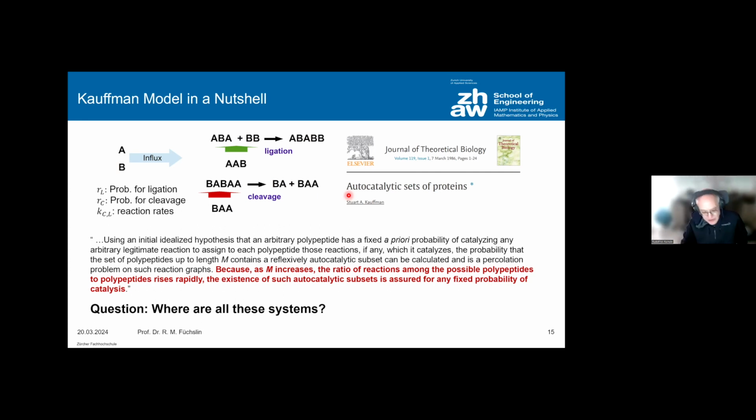And then Stu did a sort of graph theoretical analysis in a somewhat seminal paper in this field. And well, he found that the longer the sequences are, the higher is the probability that you see an autocatalytic reaction network. The problem is, in the laboratory, you see none of them. So the question is, where are all these systems?